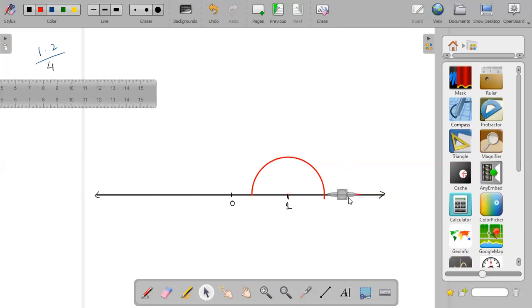I forgot what length I have taken. I will check it now. Yeah, it is almost correct. So we can make the arc at this point, and similarly from this point you can make another arc, and make another arc at this point.